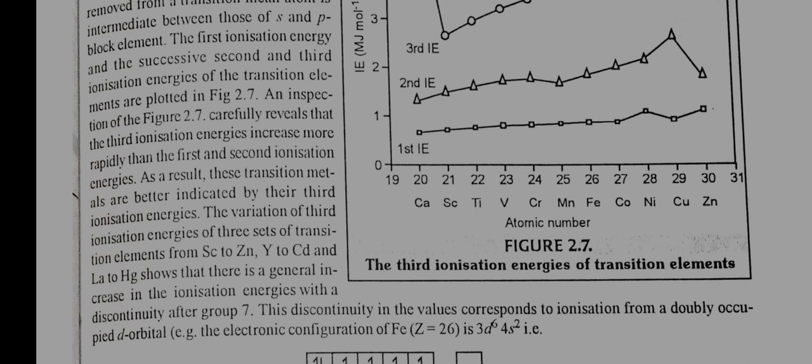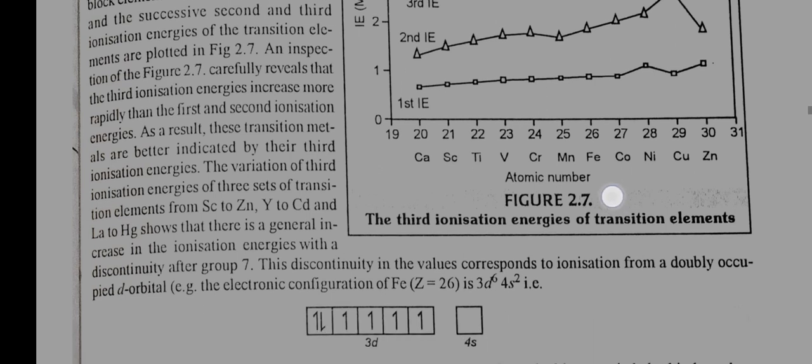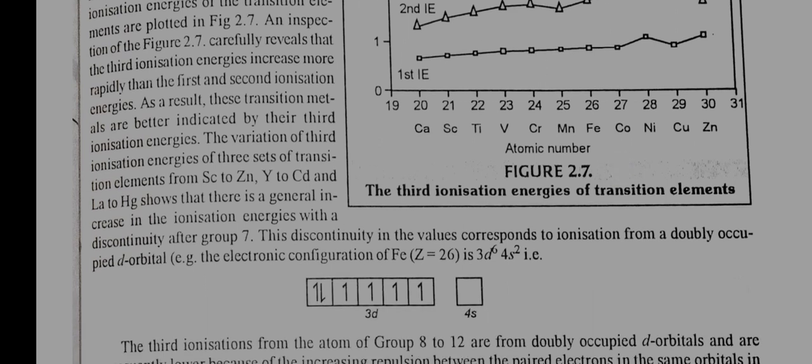The variation of third ionization energies of three sets of transition elements, from scandium to zinc, Y to cadmium, and lanthanum to mercury, shows that there is a general increase in the ionization energy with a discontinuity after group 7. This discontinuity in the values corresponds to ionization from a doubly occupied d orbital.